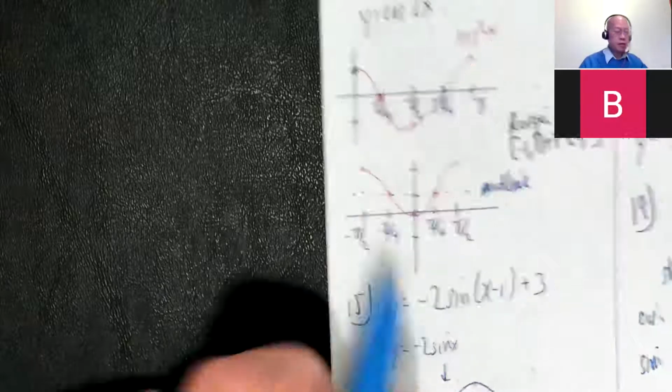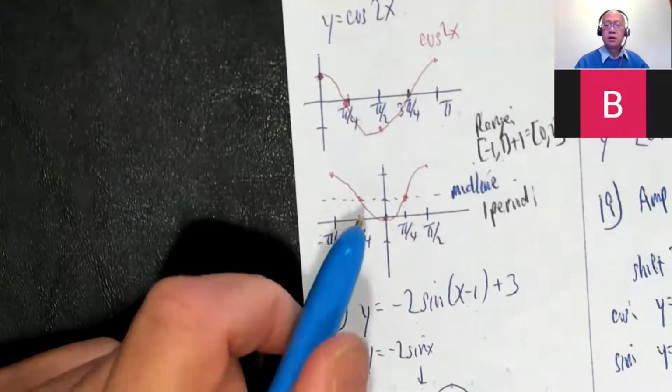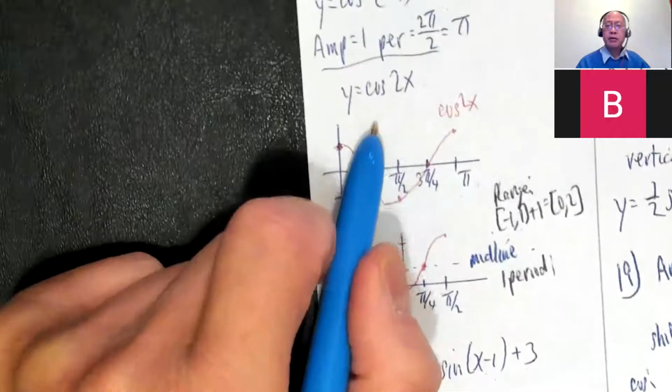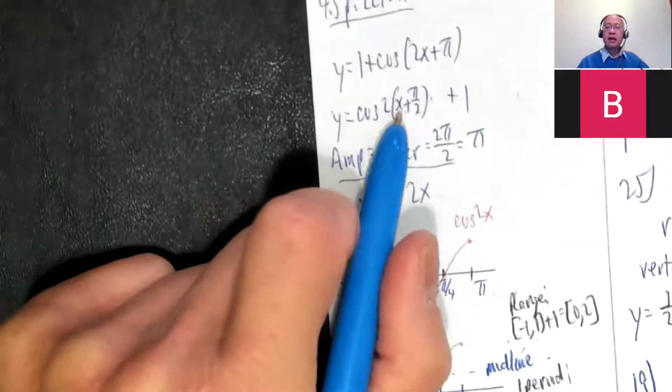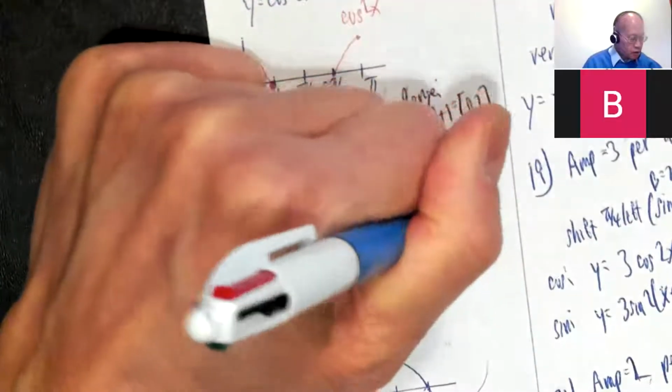Okay, and then for one period, let me write this in, one period. I knew the period was pi, so normally I would say 0 to pi, but I'm translating pi over 2 to the left. So I subtract pi over 2.